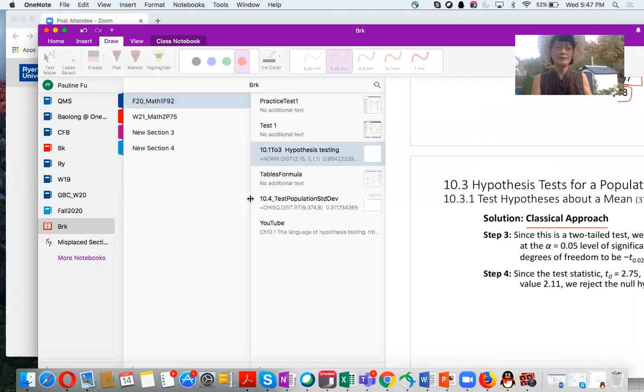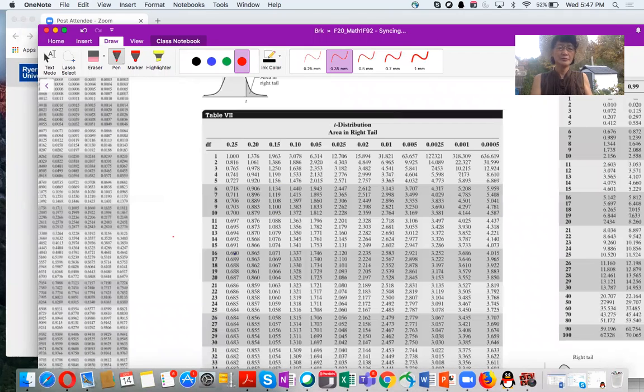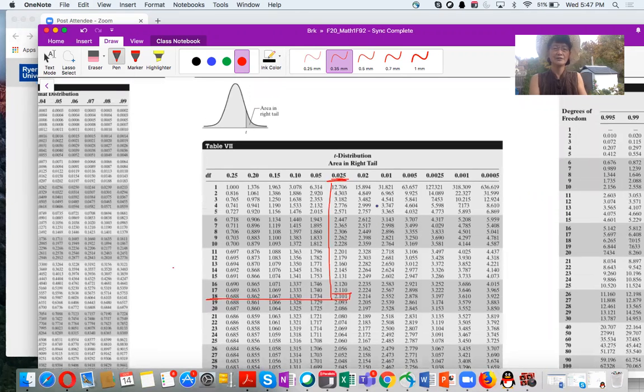Okay, sample size is 18, degree of freedom is 17. Locate 17, and then locate 0.025. The intersection between 17, go right, and 0.025, go down. This number is 2.101, and that is your critical value. So this is how you find the critical value.